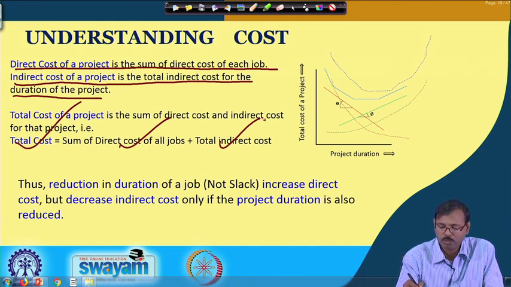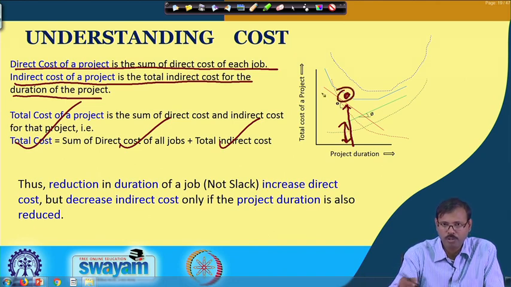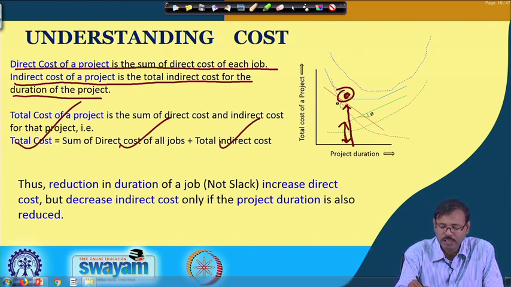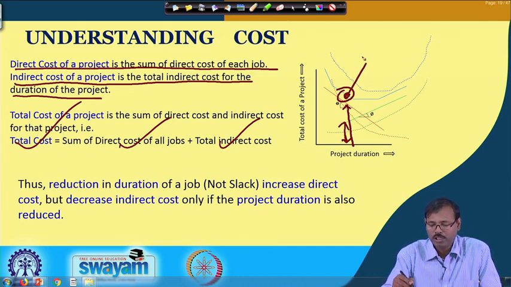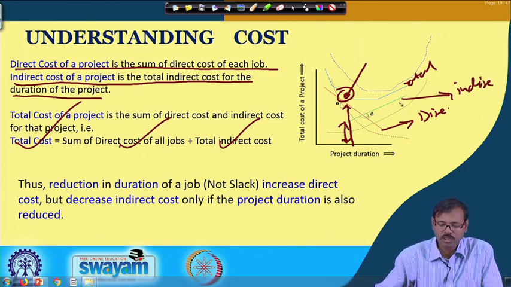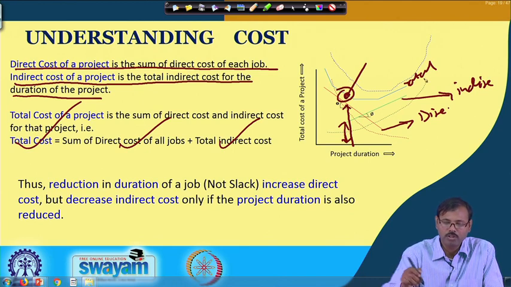Basically, for a particular duration we are adding this much length plus this much length, and in this way we get this value, though it is probably not to true scale. Adding these two we get this value, that means this is the total cost curve, this is the direct cost curve, and this is the indirect cost curve. So direct cost plus indirect cost gives us the total cost, and the trend comes out something like this.